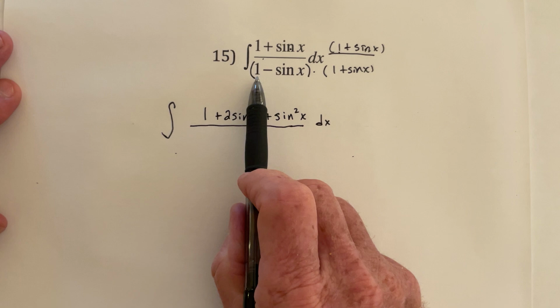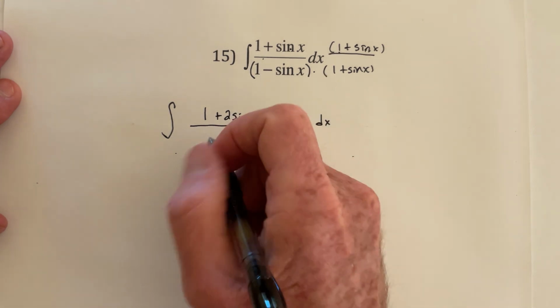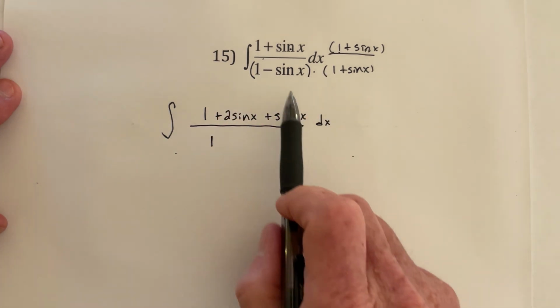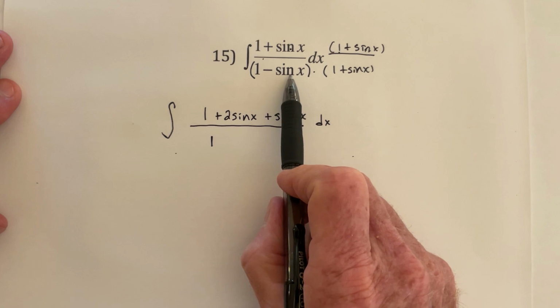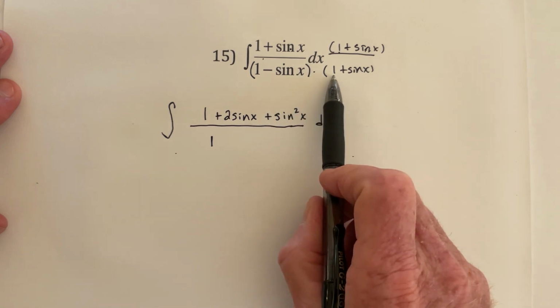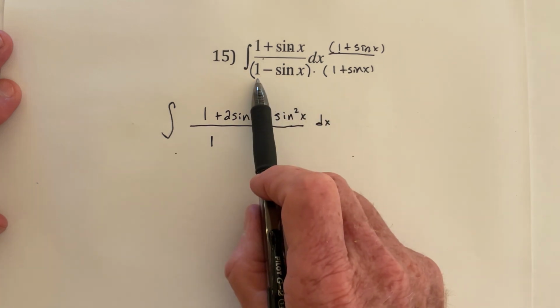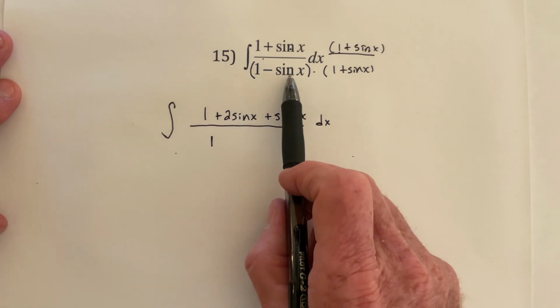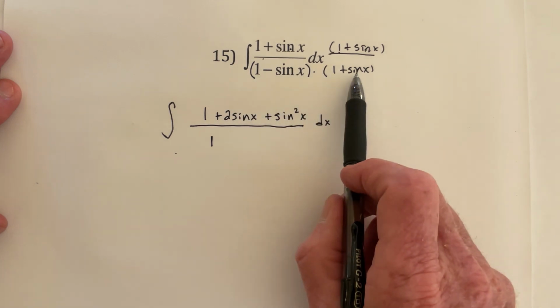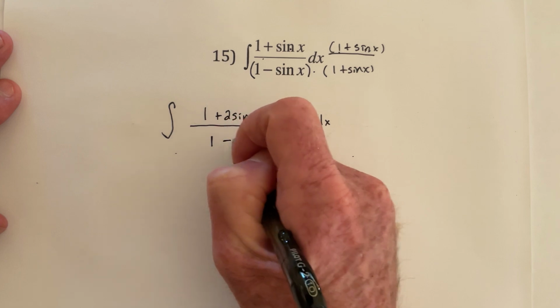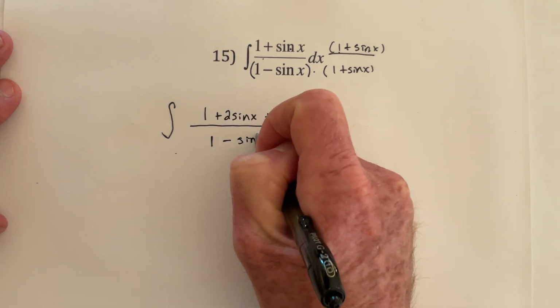On the bottom, when you multiply, you'll have 1 times 1. And then the middle terms will cancel because this one is a negative sine times 1. This is a positive sine times 1, so they cancel. Then there's just the negative sine times positive sine, so that leaves negative sine squared.